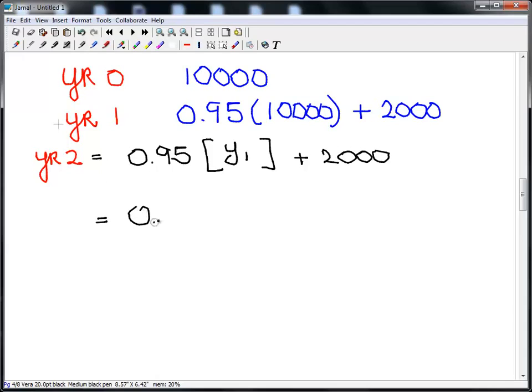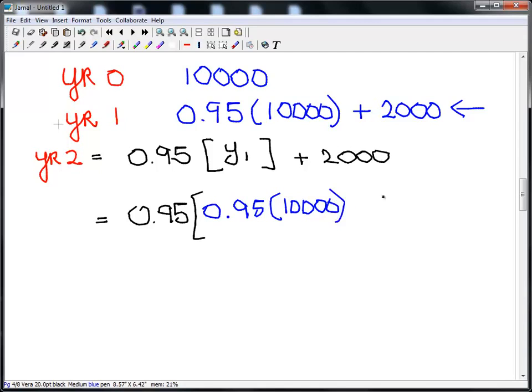We have 0.95 times this expression up here, which I'm going to put in blue: 0.95 by 10,000 plus 2,000, and put the rest in black, plus 2,000 again.